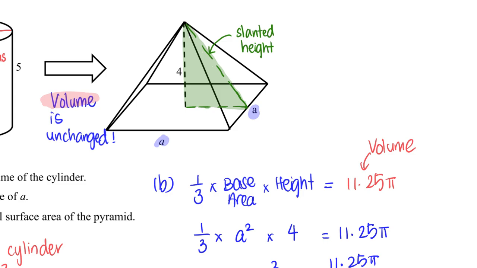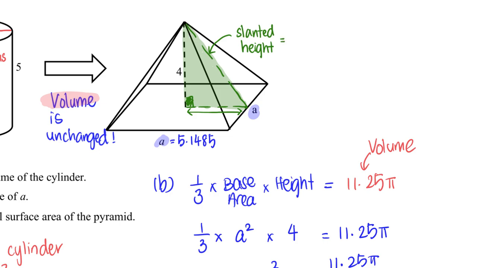Because I can see 4 triangles, right? So since I now know the value of A is equals to 5.1485, then I will be able to get the length here, which is simply 5.1485 divided by 2. And after that, by making use of the Pythagoras theorem, I will then be able to get the slant height.